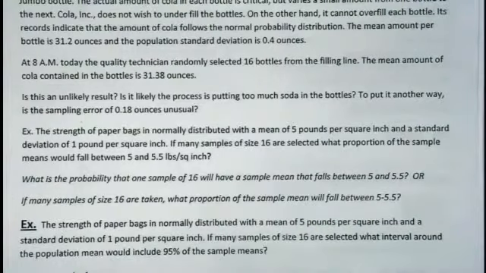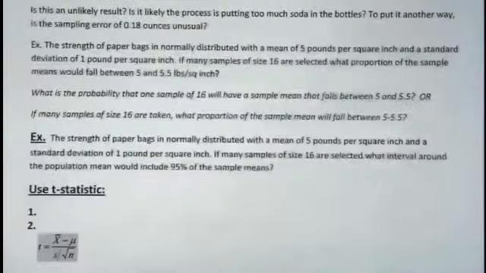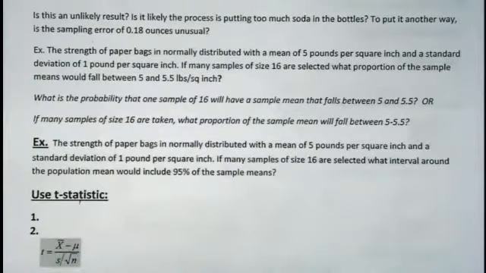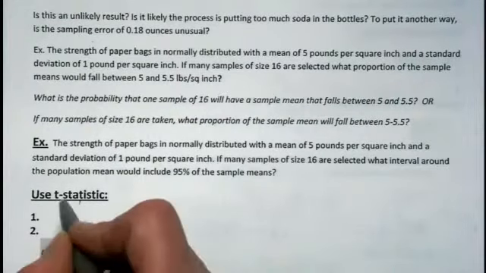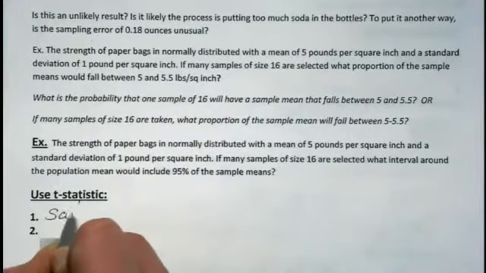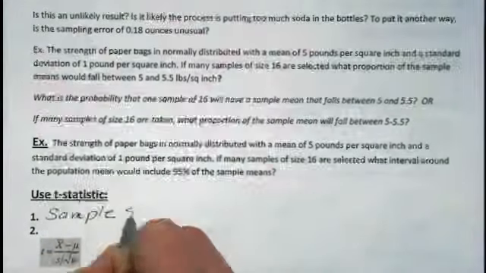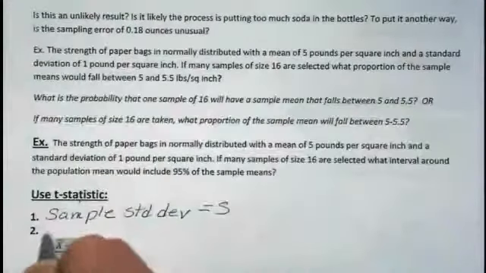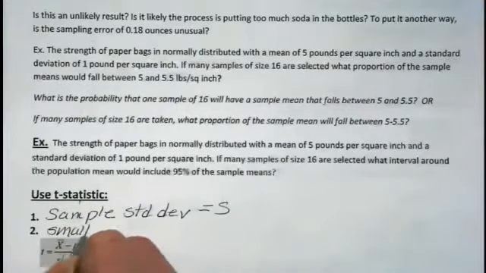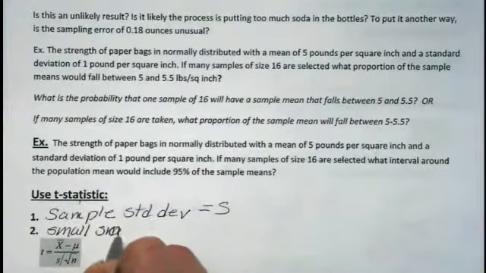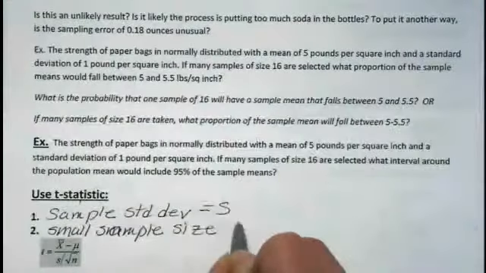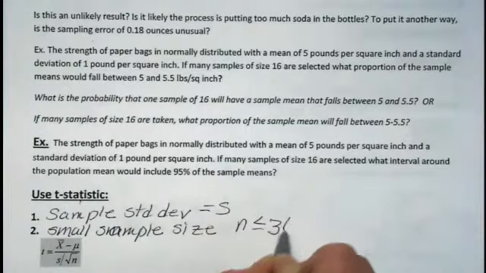Okay? And in this chapter, you don't have to look at the t statistic too much. I will tell you what happens with the t statistic: sometimes we have a sample standard deviation, which is S, and we have a small sample size, that is, the sample size is less than or equal to 30.